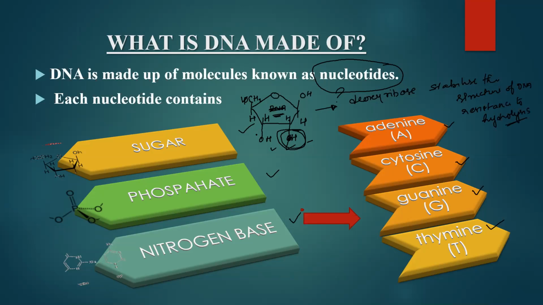So the sugar which DNA has is deoxyribose. That means it will not have a hydroxyl group, which helps to stabilize the structure of the DNA and also helps in the resistance to hydrolysis.